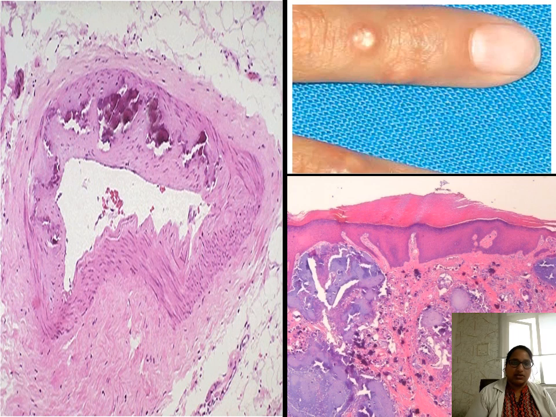This is a vessel wall. You can see within the tunica media, calcium deposition is seen. And this is the calcinosis cutis just beneath the skin. You can see numerous calcified bodies. This is the amorphous basophilic granular material.